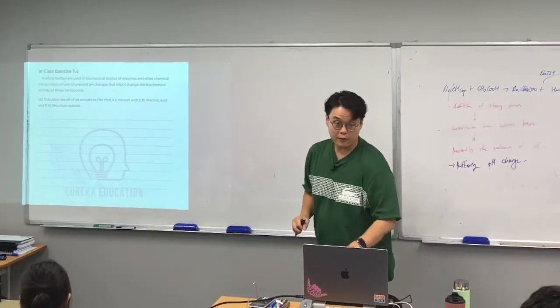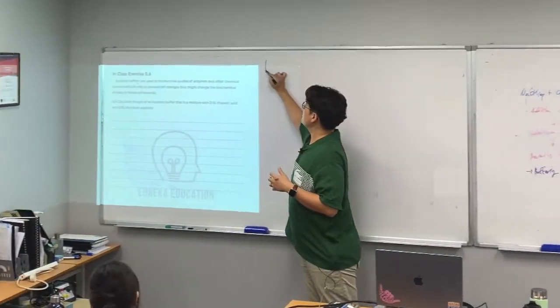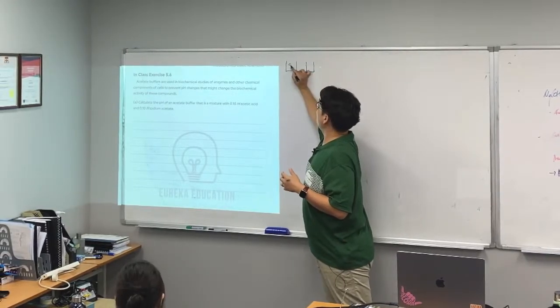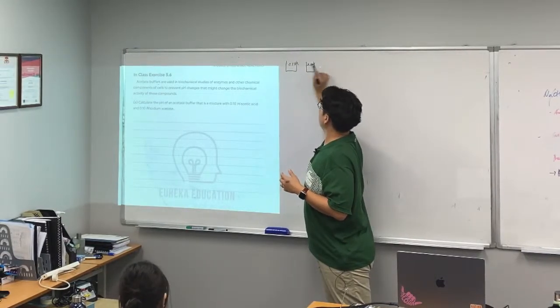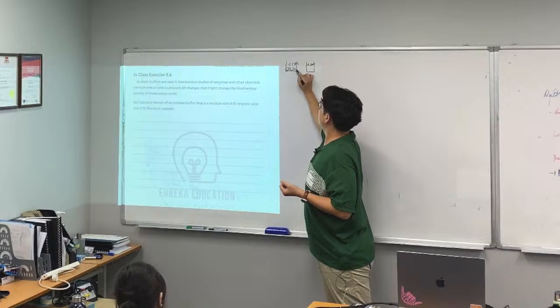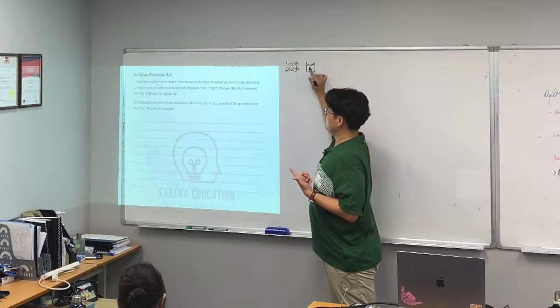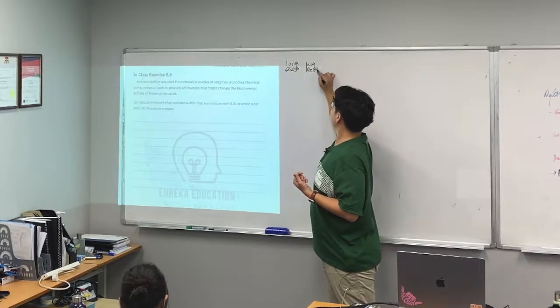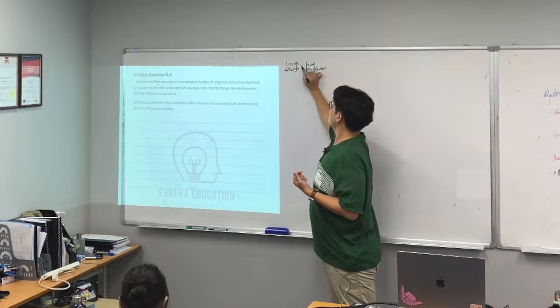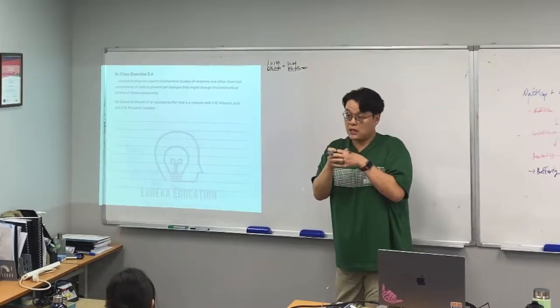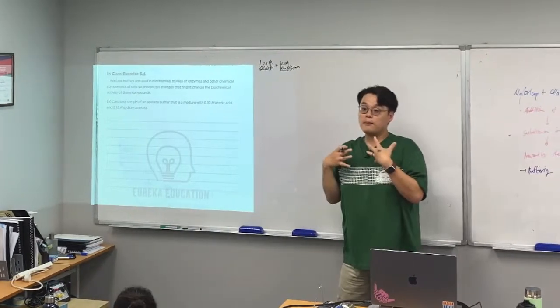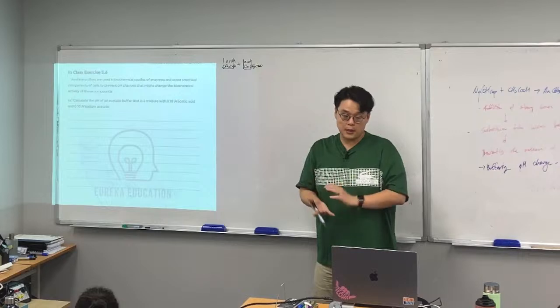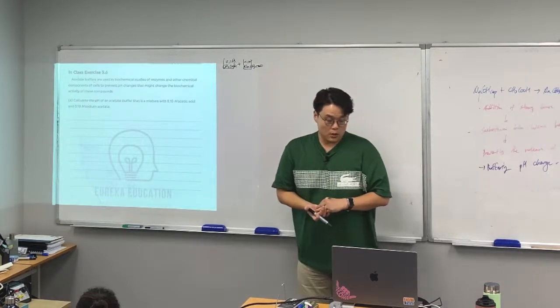Do you get the point? So visualize that you prepare 0.1 molar acetic acid and some sodium acetate, and mix them together. The question is asking, after we mix them, what would be the pH? So let's have a think about that.